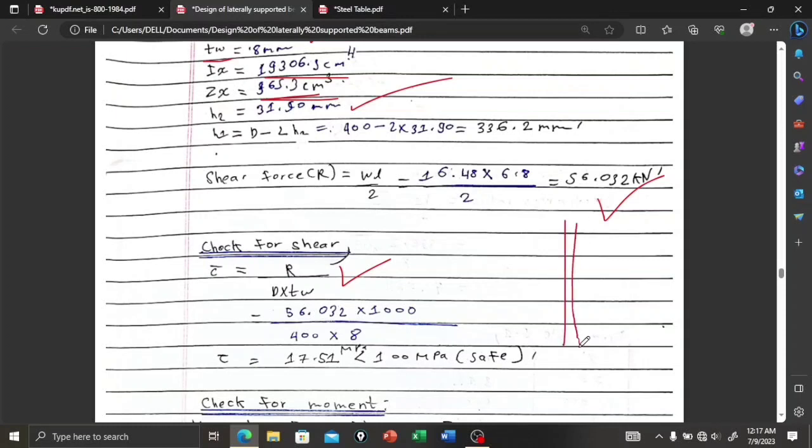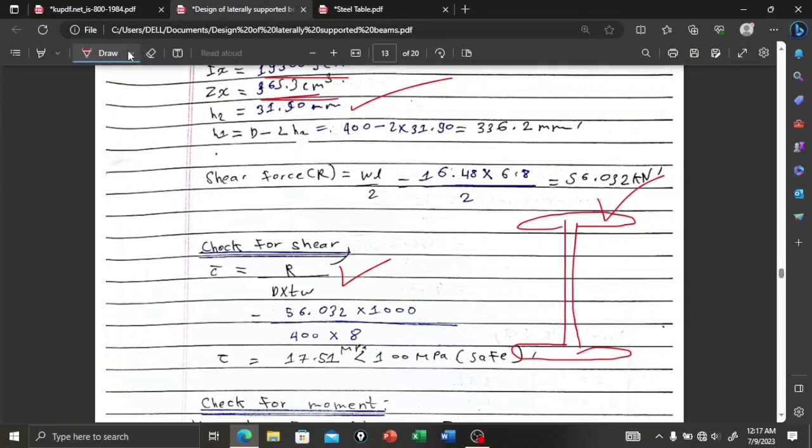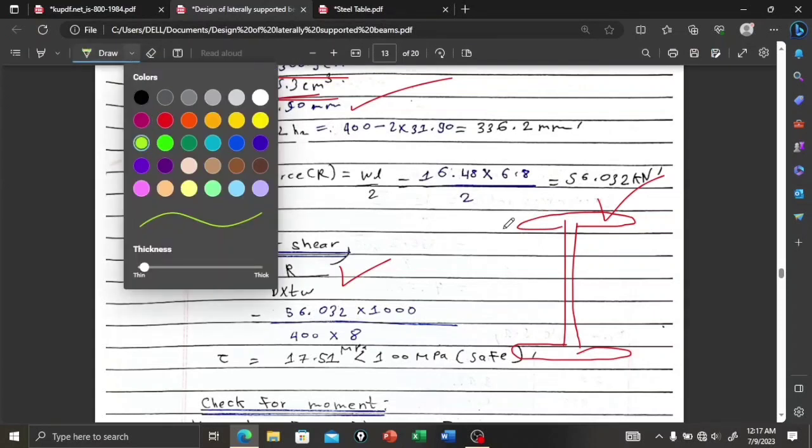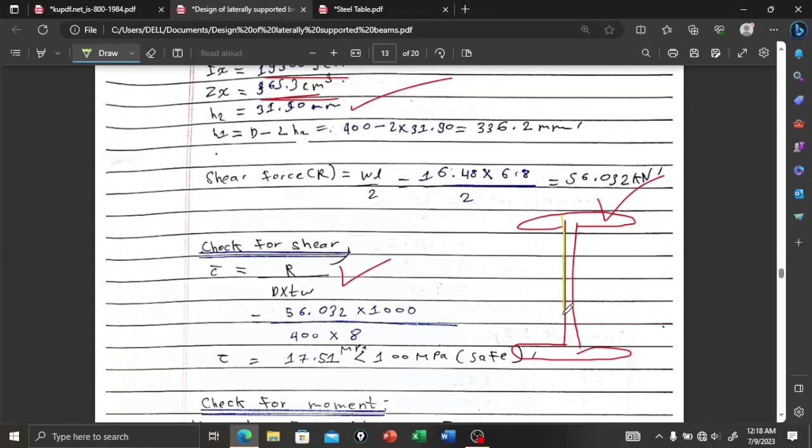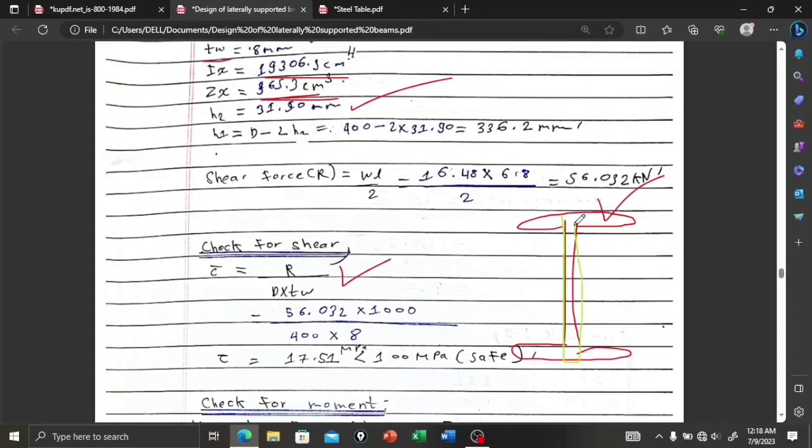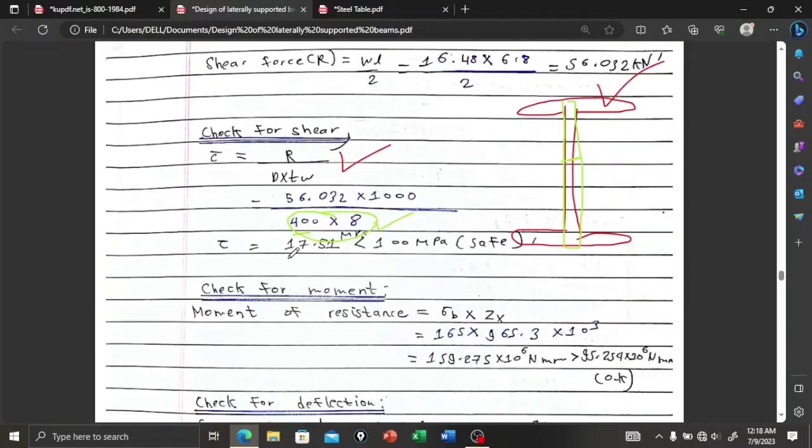For I section, shear force is resisted by this area, so the depth is D, 400, and TW is 8, and R is 56.032 into 1000. So shear stress is 17, which is less than 100, so safe.